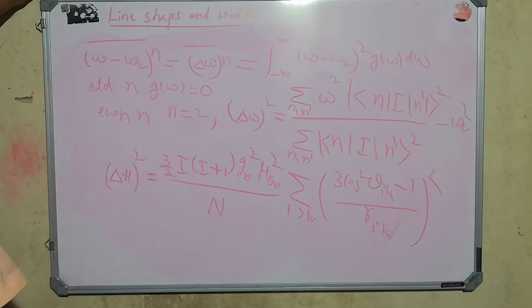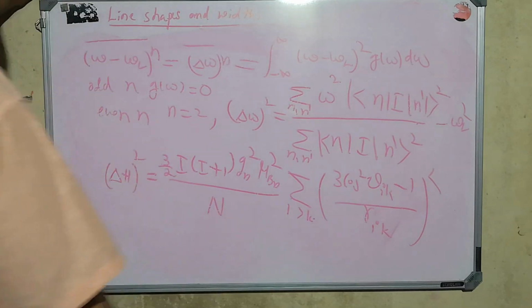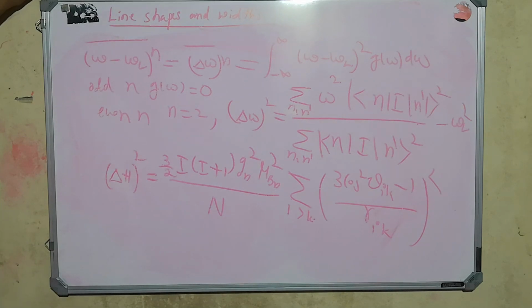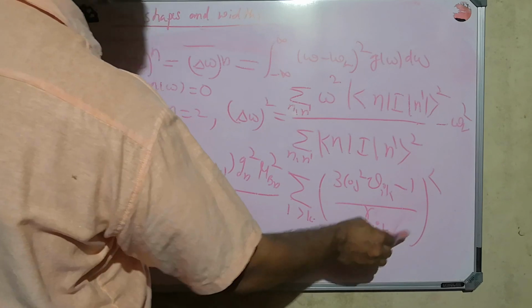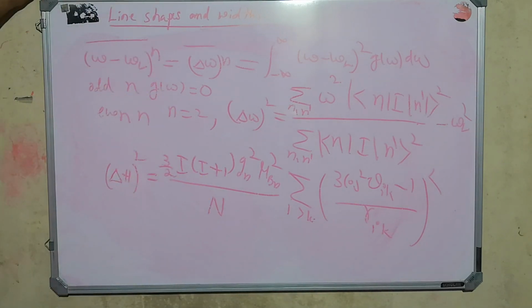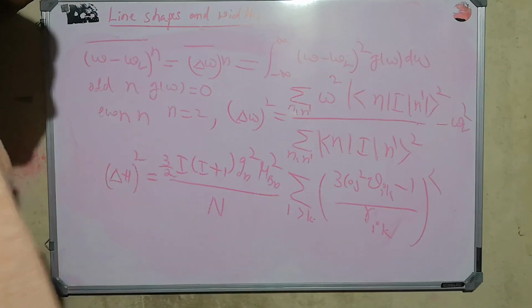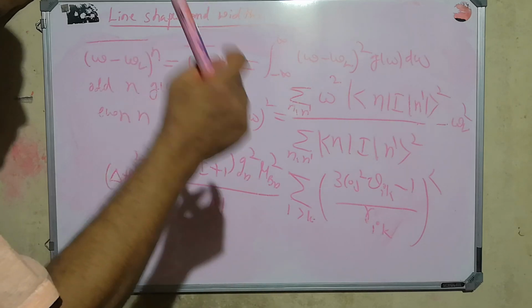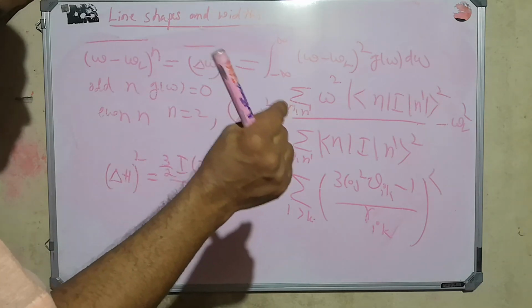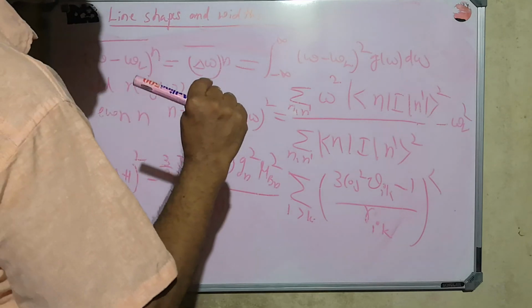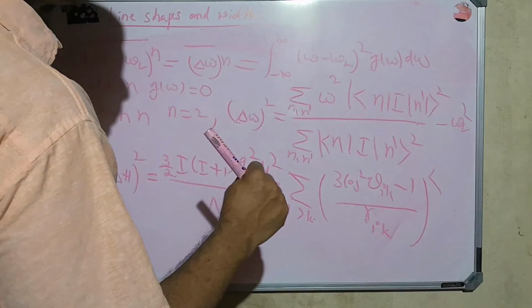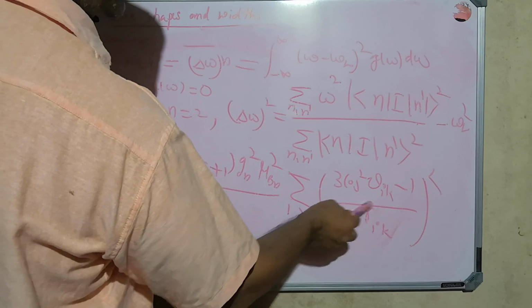Now, r ik is the length of the vector from the nucleus i to k. That is, here you have to take the summation, right? Therefore, you have to take a particular nucleus as reference, then the remaining n nuclei you have are at a distance r ik.